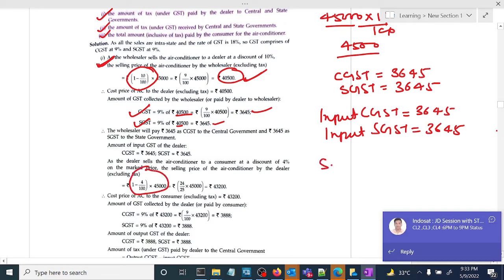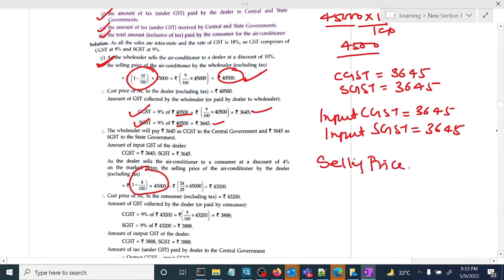So the selling price for the dealer is 45,000 minus a discount of 4%, right?